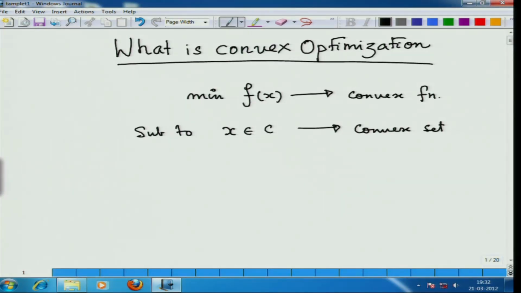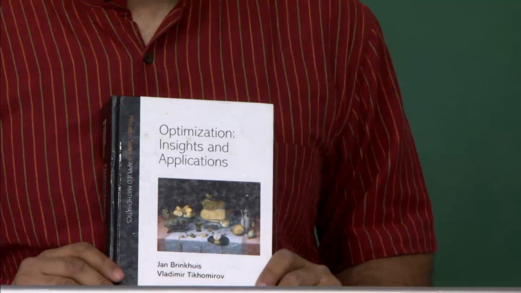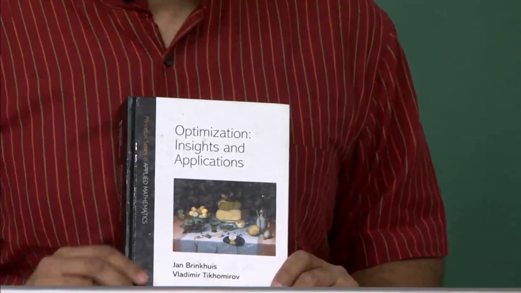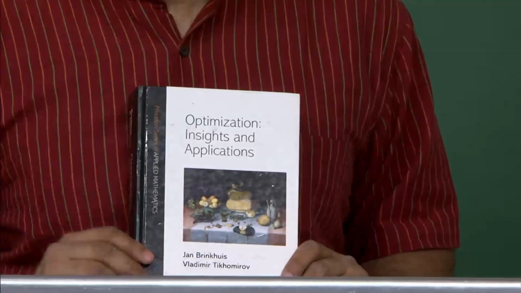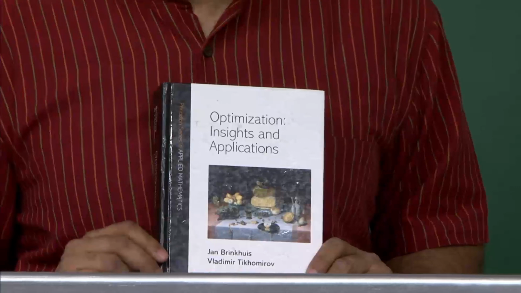Now, before I start the full fledged discussion, let me tell you that I would like to show you a book which I think everybody should have a look at. This book is called Optimization Insights and Application, written by Jan Brinquist and Vladimir Tikhomirov, and I have spoken about a book called Stories About Maxima and Minima, written by Vladimir Tikhomirov.